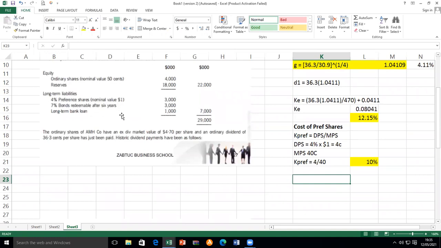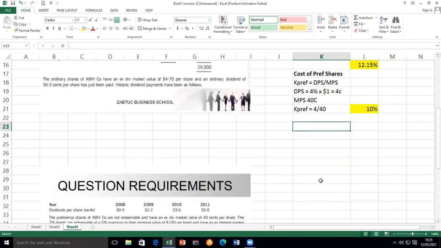7% bonds redeemable after 6 years. Okay, now let's go here.